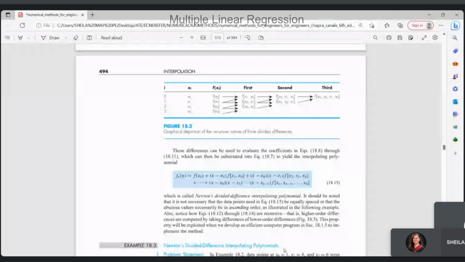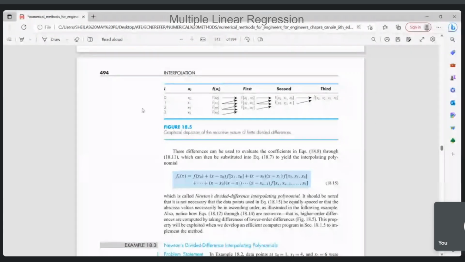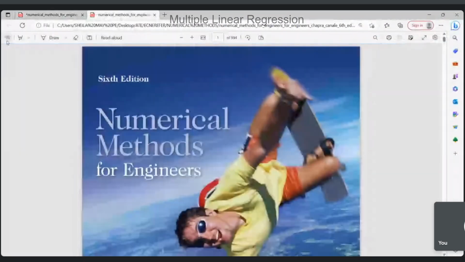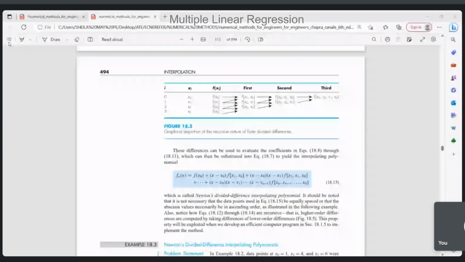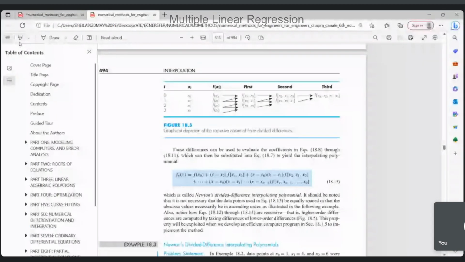Okay, let's find out. Asa kutob ang interpolation. Can you still see my screen? Yes, ma'am. Ari ta sa content. Ari ta sa curve fitting. So, di ba?